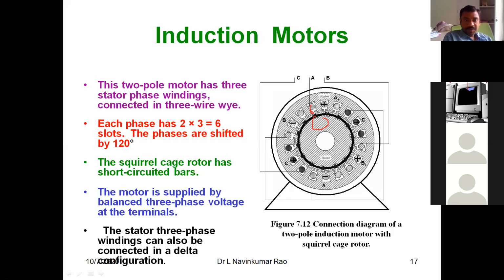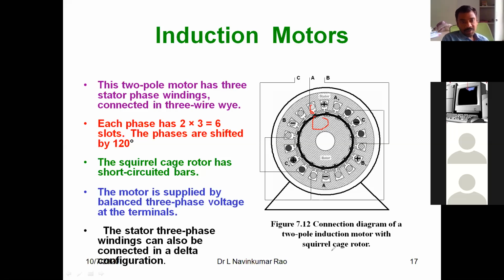So, sorry, 18. Therefore, we have divided each pair into 2 into 3, 6 slots. The phases are shifted by 120 degree. Each phase is shifted by 120 degree. Okay, A, B, C is given. This is A plus winding, this is minus winding, B, B plus, like this.